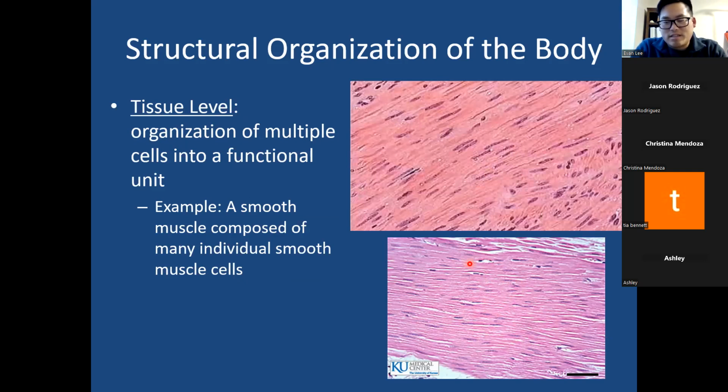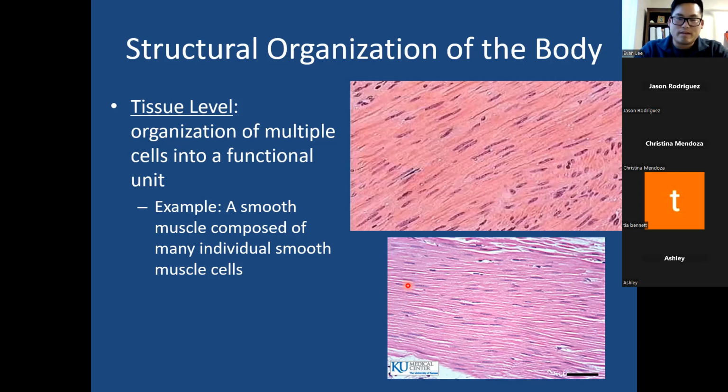One cell isn't going to do a whole lot, but with multiple cells, this is where you start to get some actual bodily activity. But once again, a tissue is great. It's going to be able to do something for you. This muscle contraction is going to be a bit stronger, but what are you going to use that muscle for? Why do you have this muscle?